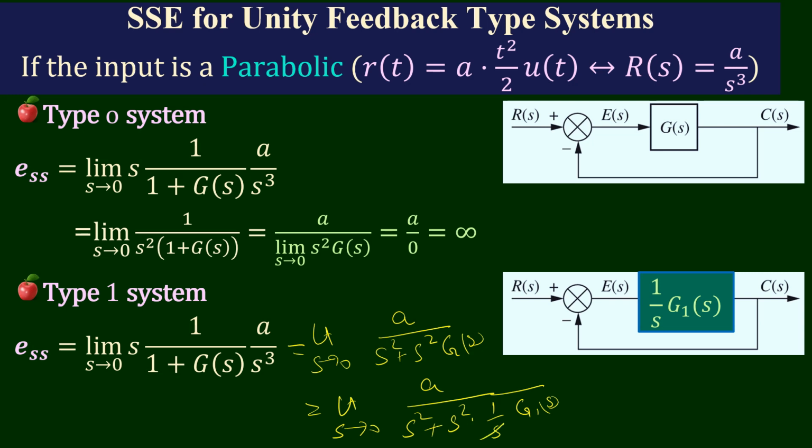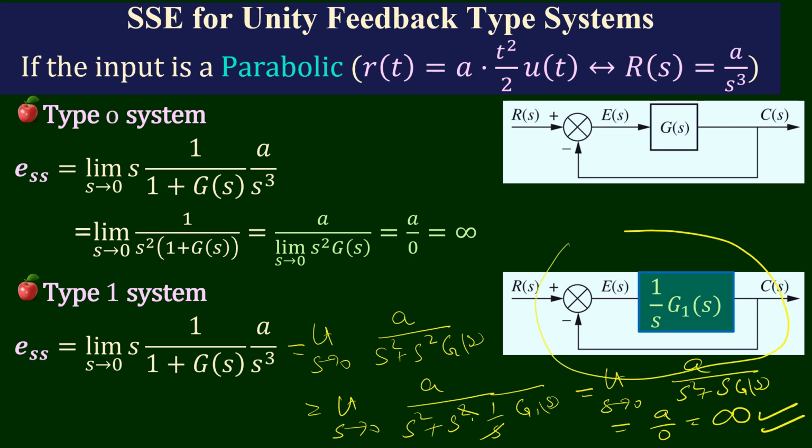So this we cancel here. So this will be equal to limit s tends to 0 of A upon s square plus s G1(s), which will be equal to A upon 0. So once again the steady state error will diverge even if the closed loop is stable.